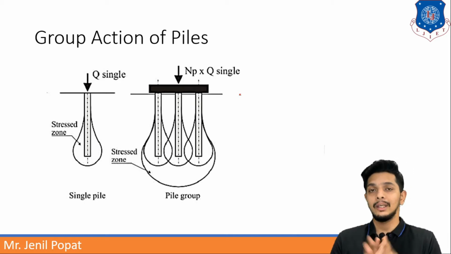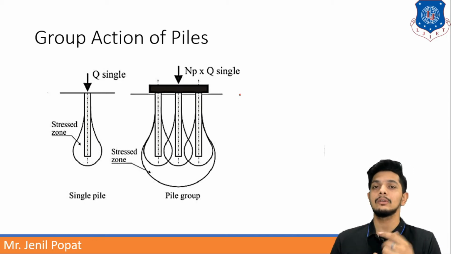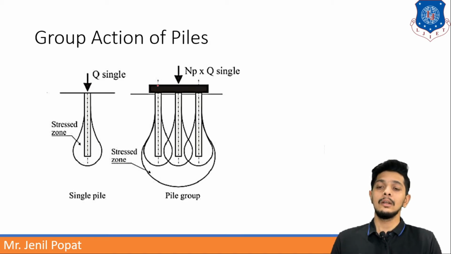But above that there is a reinforced concrete slab, or we can say beam, which is acting as a pile cap. Here over the 3 single piles you can see a grey colored beam, or in 3D a slab.